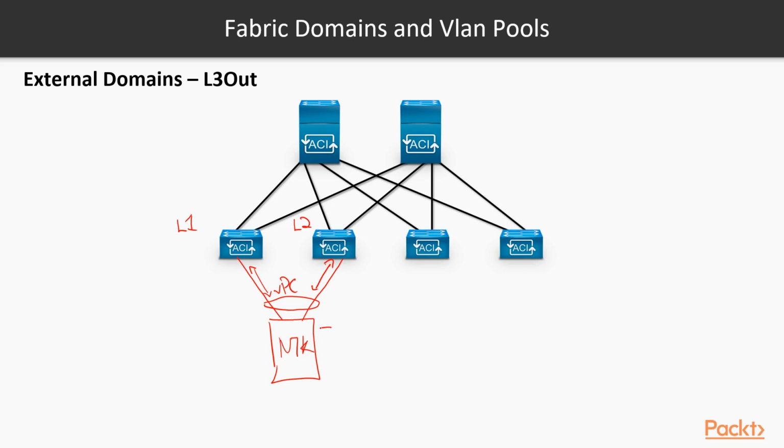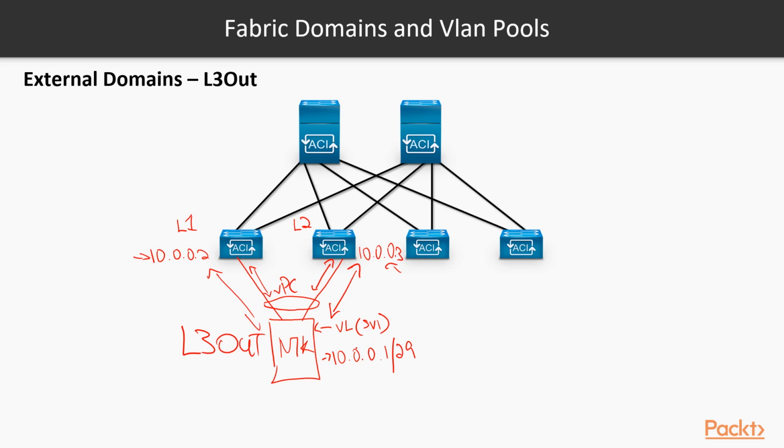Basically, what it's going to do is we will have a VLAN interface, or SVI, with an IP of, let's say this is the scenario, 10.0.0.1/29, right? Leaf 1 will have another SVI for this layer 3 out, 10.0.0.2, and leaf 2 will have 10.0.0.3. The way that we are connecting or associating and allowing reachability between my L3 out and my fabric is with this VLAN interface.